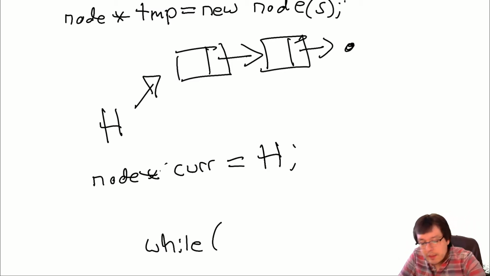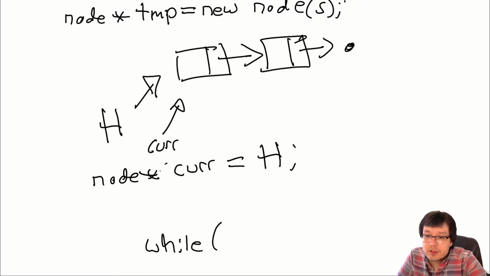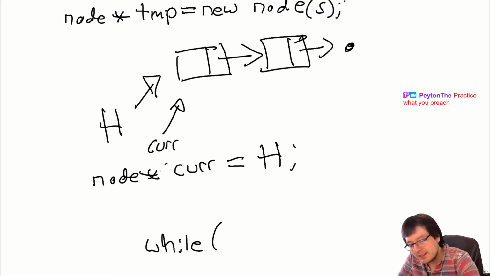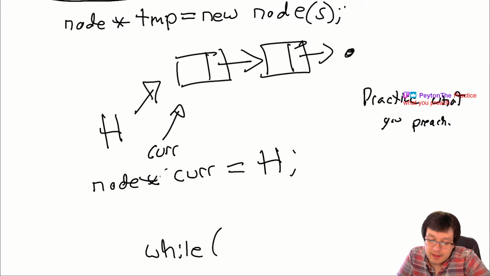The reason I'm doing this is because now I have two pointers. We have cur, which stands for current. It's a very commonly used term, at least in my world. So practice what you preach. We now have two pointers pointing to the first node.